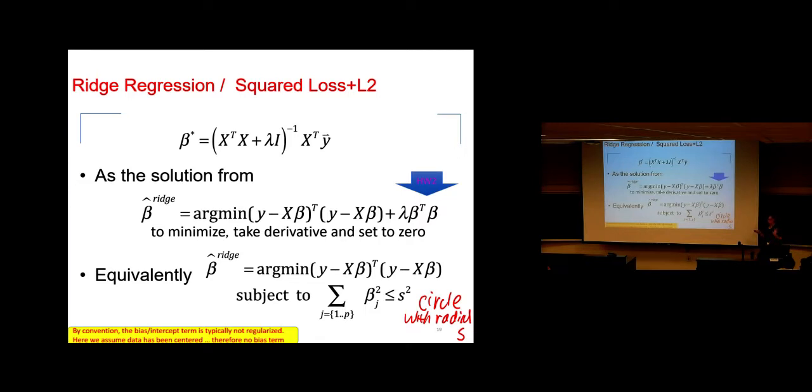I'm still performing least squares minimization, which is here. If you do not remember how this relates to the sum of squares, this is just the matrix form: the summation over j from 1 to n of (y_j minus beta transpose x_j) quadratic.